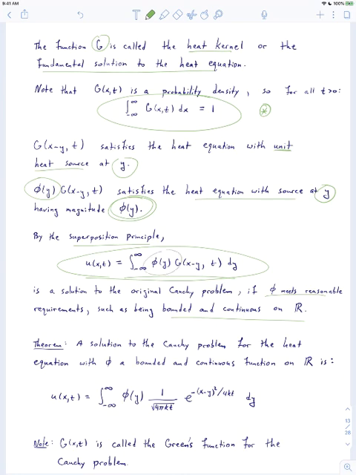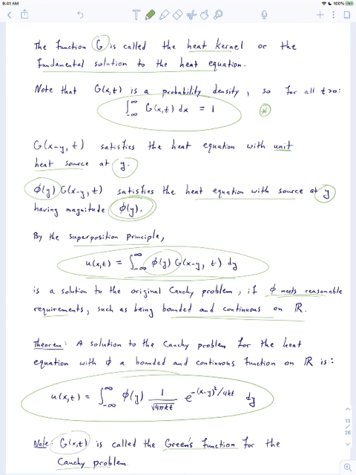So this gives us a solution to the Cauchy problem, provided that phi meets our reasonable requirements, such as being bounded and continuous. So this gives us our theorem, a solution to the Cauchy problem for the heat equation with phi a bounded and continuous function on R is here. So g, as I mentioned, is also called the Green's function for the Cauchy problem, so that's why we call it g.